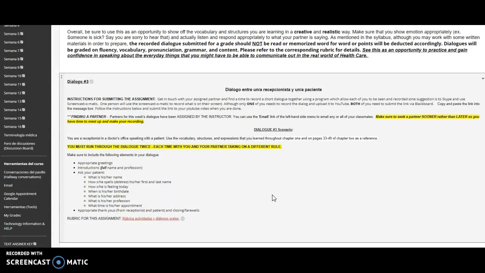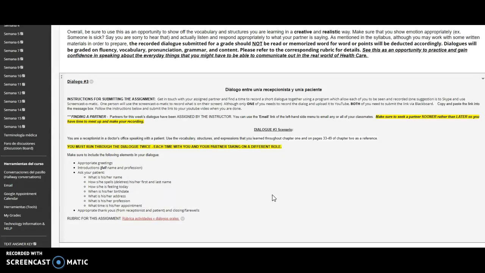Okay? In this one, we have un diálogo entre un o una recepcionista y un o una paciente. So the first time around, someone will be the receptionist, the other will be the patient, and then you'll switch roles. This is going to be using vocabulary structures and expressions you learned throughout Chapter 1, as well as pages 33 through 49 of Chapter 2 as a reference.